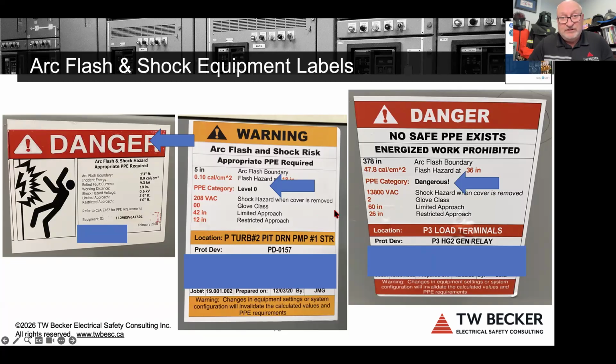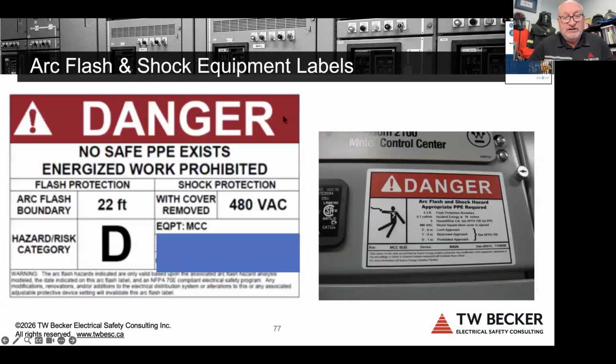Note, PPE category doesn't exist. Again, the employer does the risk assessment, not software, not the engineer doing the incident energy analysis studies. Again, hazard category, danger label at like 0.1 calories. Again, these are all just issues that I've seen out there, unfortunately, right?